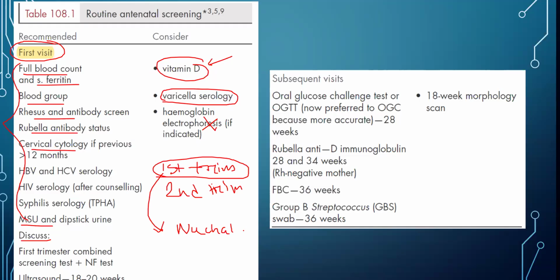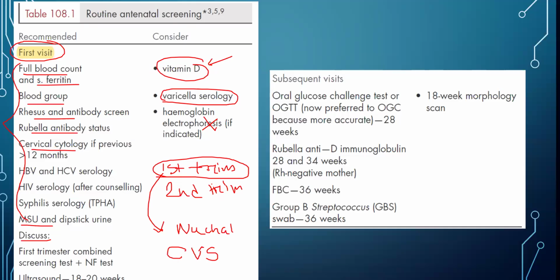This is just a screening test, not definitive. If the screening test is positive in the first trimester, then you can send the patient for a definitive test, which is what we call chorionic villus sampling. These are all done in the first trimester, so before 12 weeks.